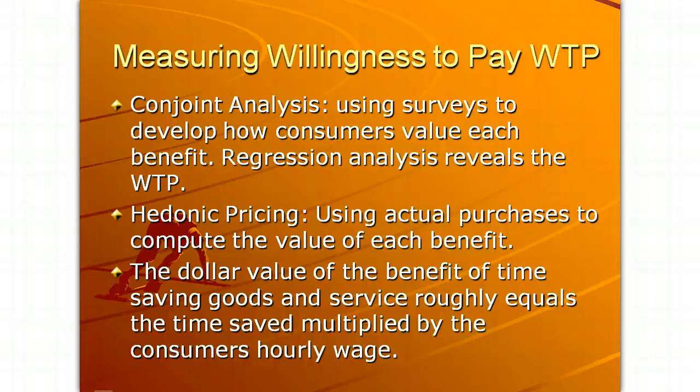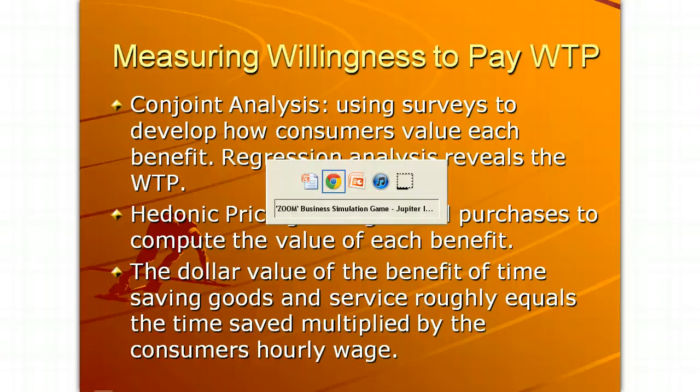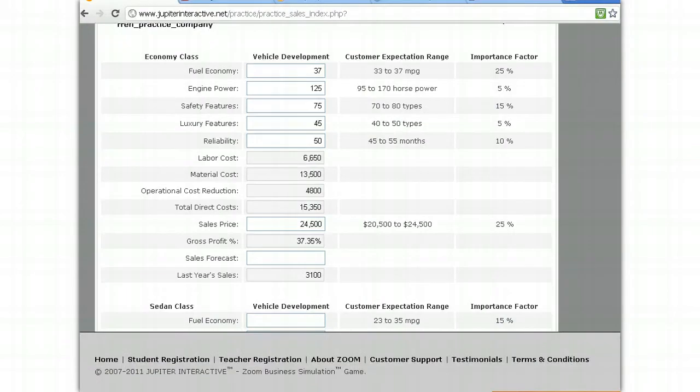On the lower side, 1 would be definitely not purchase the feature, and on the higher side, 10 would be definitely purchase the feature. So if we're talking about the Zoom simulation, we could list these in a conjoint analysis.